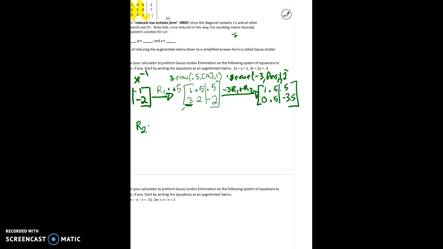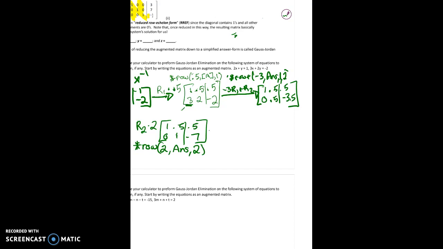Row 2 times 2. And that gave us 1, 0.5 and 0, 1, -7. Now remember, we plugged that into our calculators doing times row, and I want to multiply the row by 2. I wanted to do this to the answer from before, and I wanted to replace row 2.